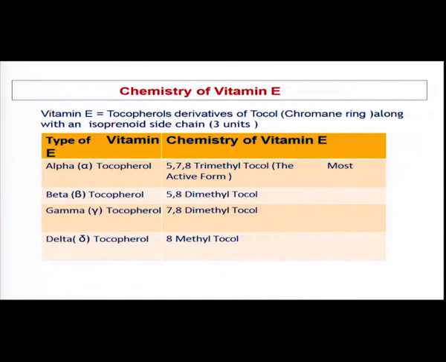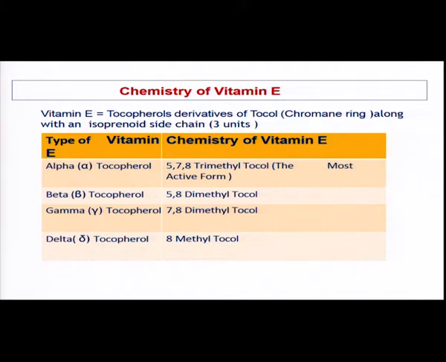So, among the 8 categories you have 4 more prominent categories of tocopherols. In alpha tocopherol you have the trimethyl group, as you have seen here, R1, R2, R3. In beta tocopherol you have a dimethyl group in the 5th position and the 8th position.